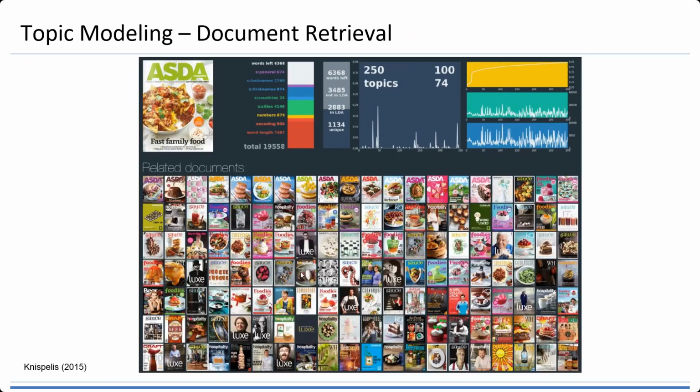And also we can take a look at other magazines that might be similar, and we can extract the most relevant topics from those magazines. And we can plot, for example, what would be the most frequent words in those magazines.